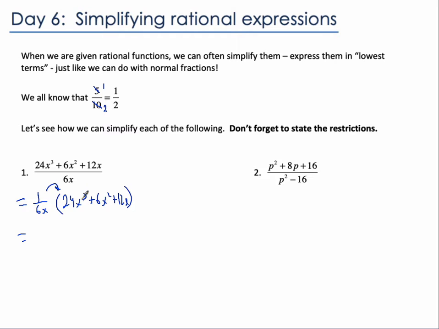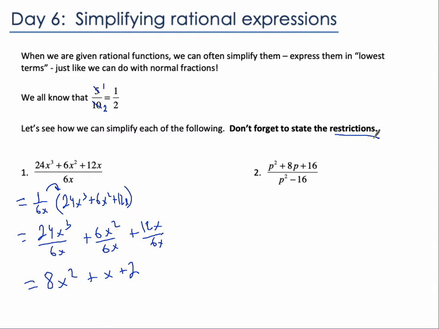So you have 24x cubed over 6x plus 6x squared over 6x plus 12x over 6x. Then simplify all these fractions. We've got 8x squared, this is just x, and this is just 2.